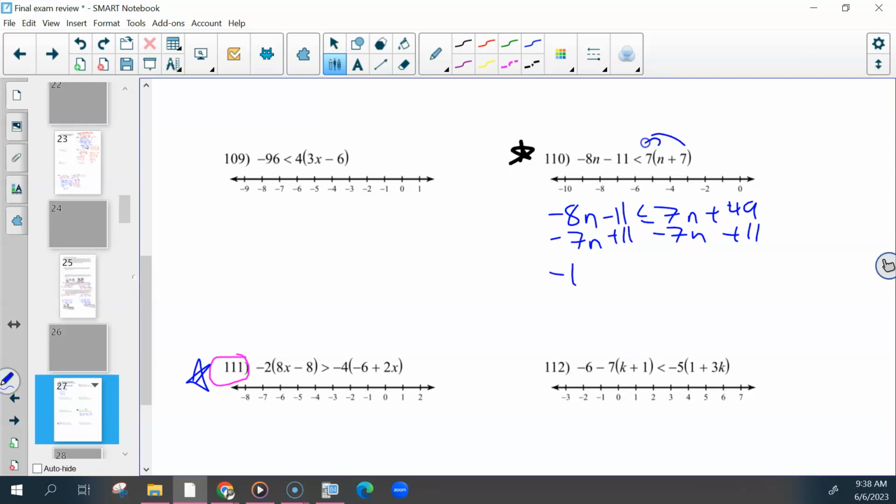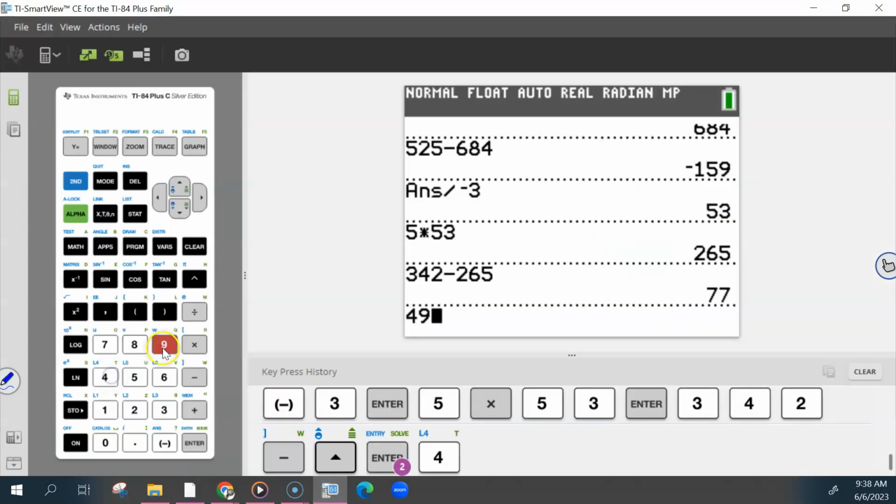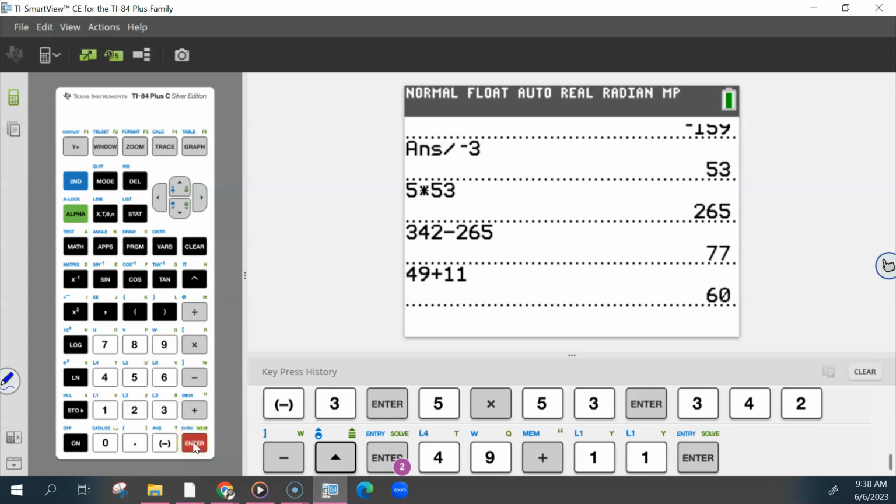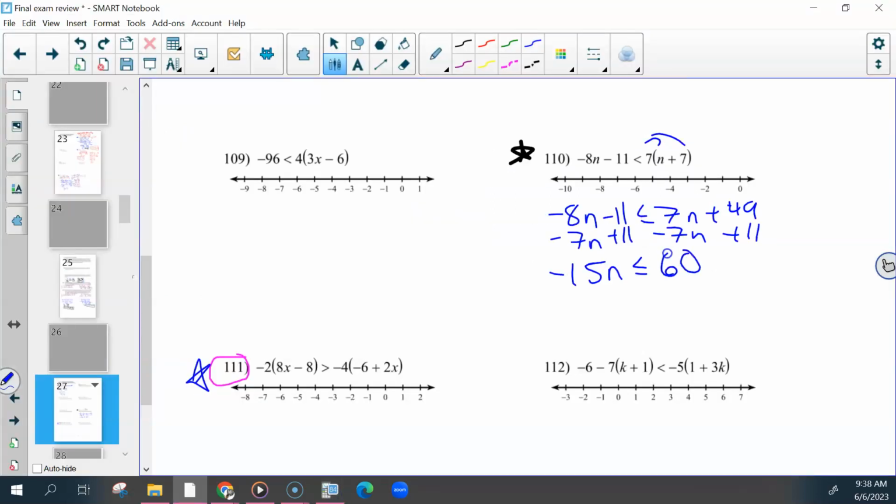Then we have negative 15n is less than or equal to 60. Divide both sides. Because we're dividing by a negative, the sign would flip. So this again would be closed, but this time at -4, going to the right.